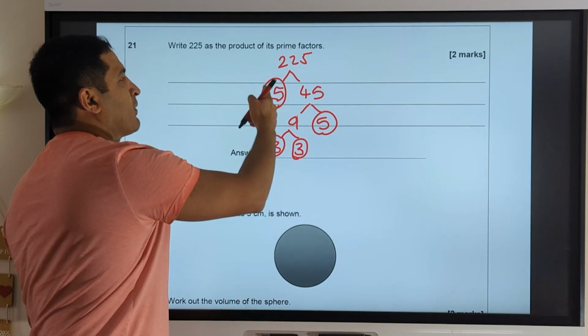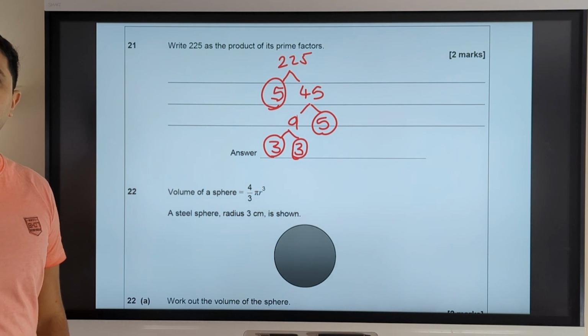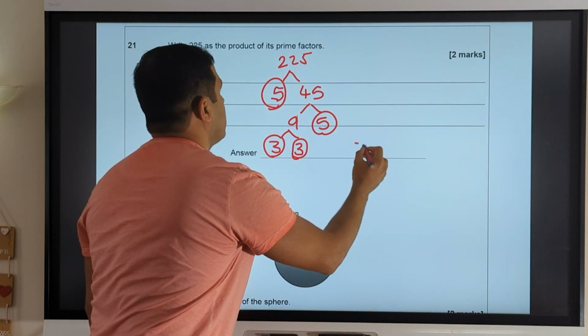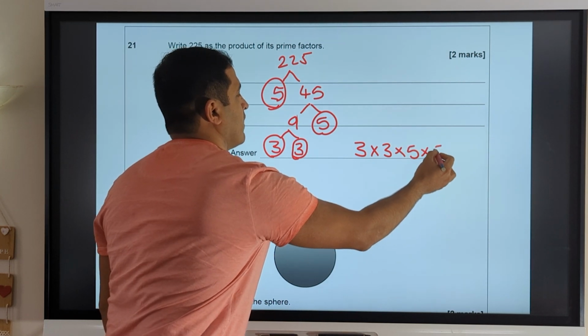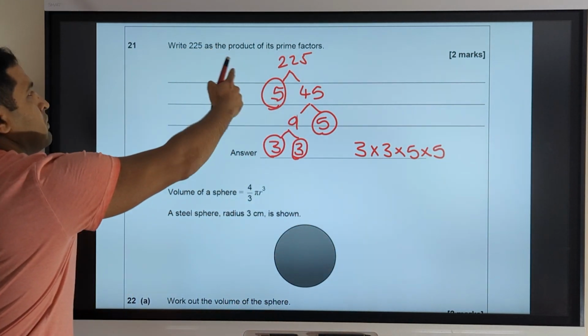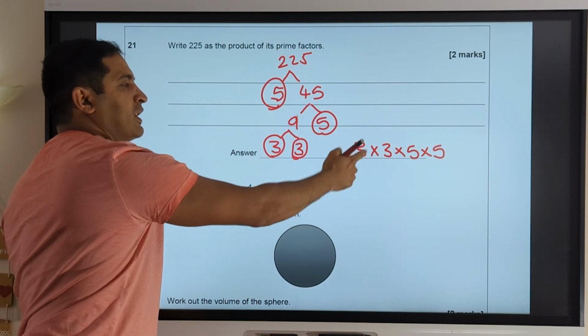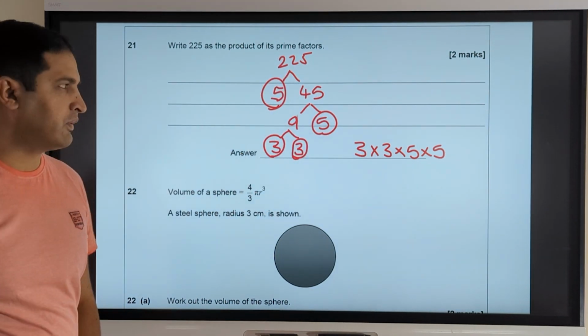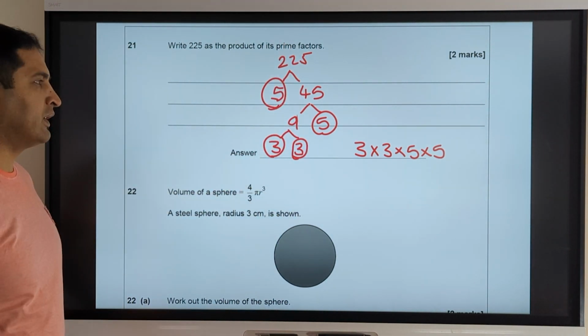So that's our prime numbers that multiply together. All these circled numbers multiplied together give you 225. So we have 3 times 3 times 5 times 5. Put that in the calculator, that gives you 225. So that is a product of prime numbers that multiplies together to give you 225. This is how you can write 225: 3 squared times 5 squared.